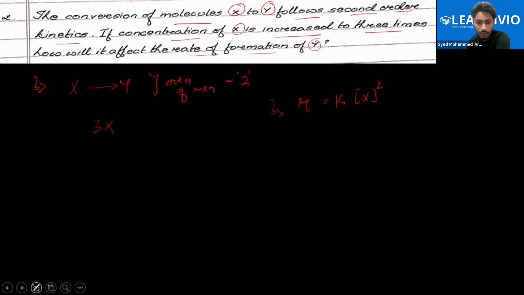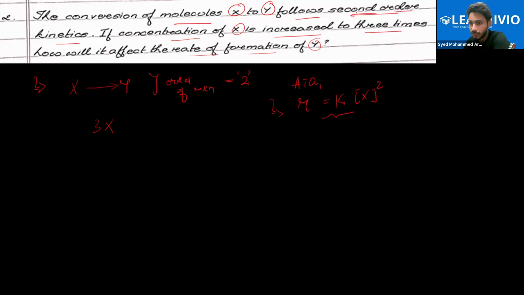So this is basically the rate law expression. From the rate law expression, this is 3. Am I correct or not? According to the question, r equals k x to the power of 2. Why?